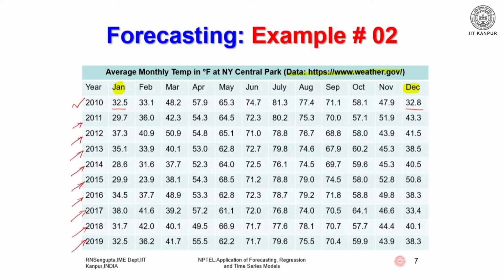And as usual, the second column, which I will highlight, has all the data for January for all the years. Similarly, the last column is the temperature for all the years for the month of December.